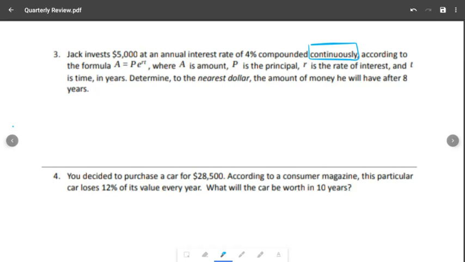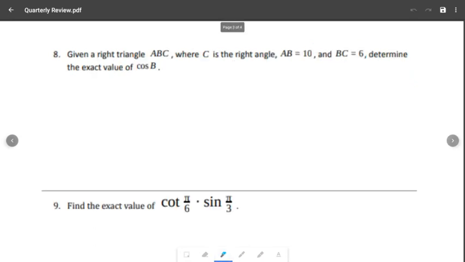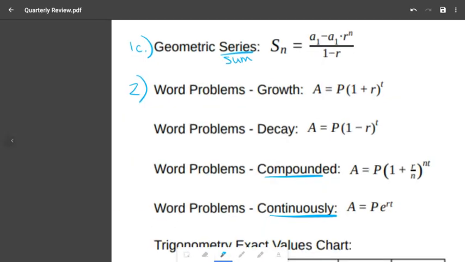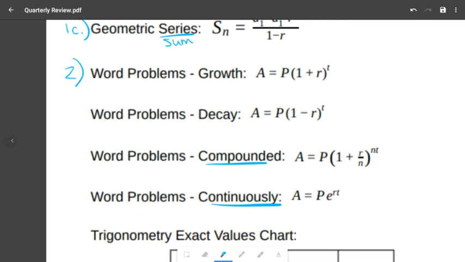If that formula was not given, remember the word continuously is your key word here. So looking at my formulas, that is this formula down here. Same formula, and again, that's because of this word continuously.